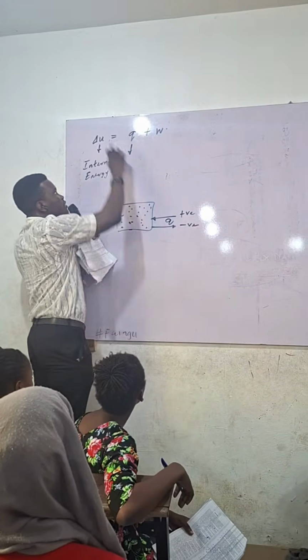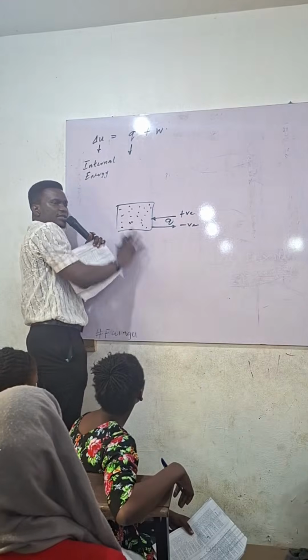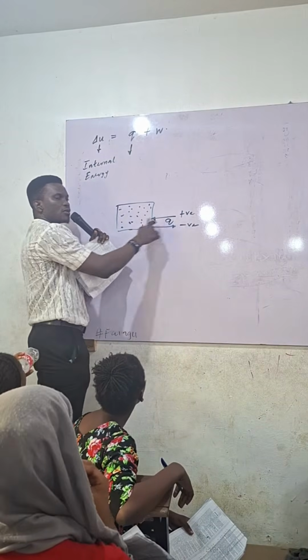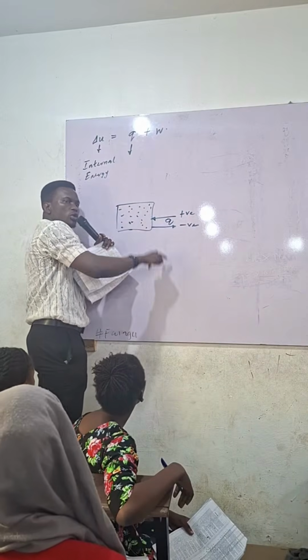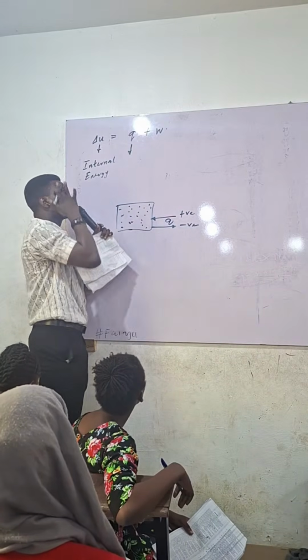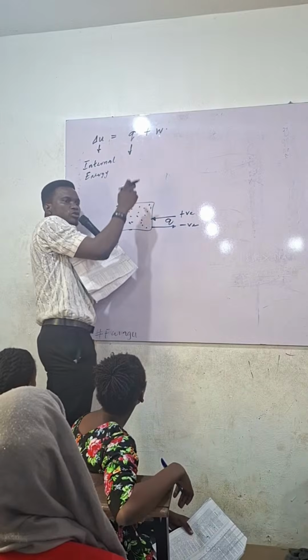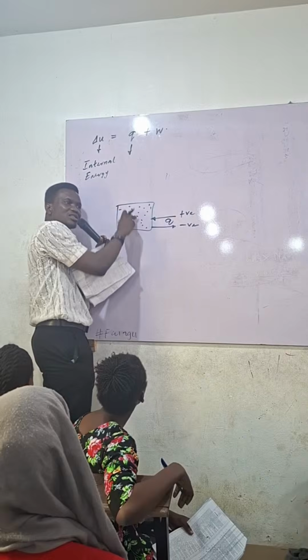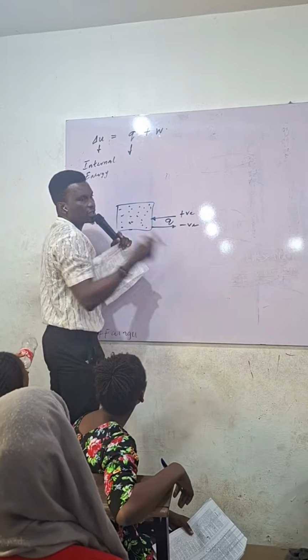So what determines the total energy possessed by these gases is these two: one, the amount of heat you supply or remove; two, the work you either do on the system or the work the system does outside.